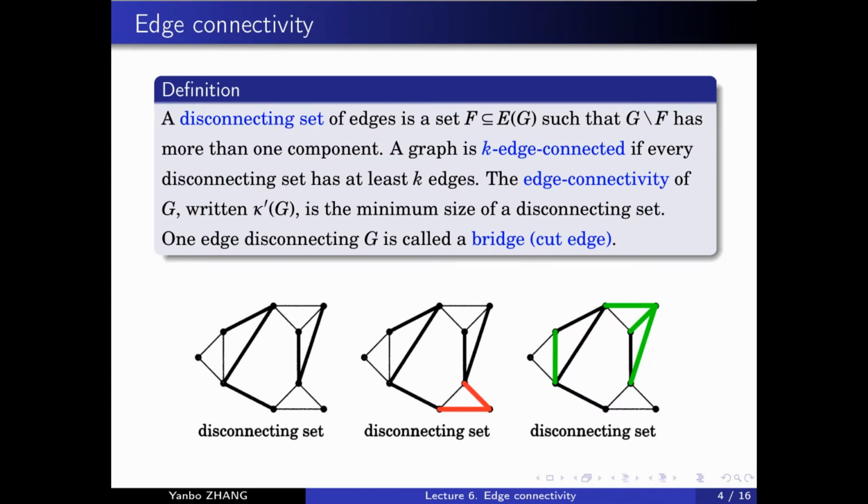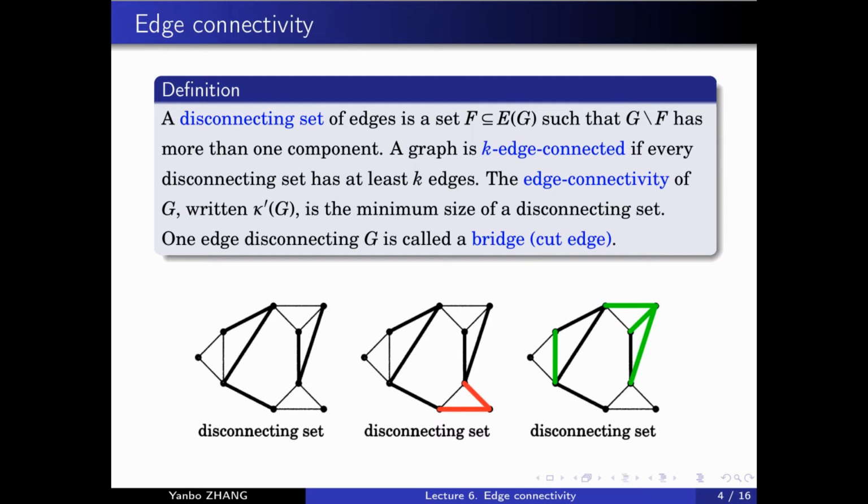Let us now formalize these definitions again. Here we consider only connected graphs. A disconnecting set of edges is an edge set F such that G minus F has more than one component. So a disconnecting set is an edge set which can disconnect G. A graph is k-edge connected if every disconnecting set has at least k edges.